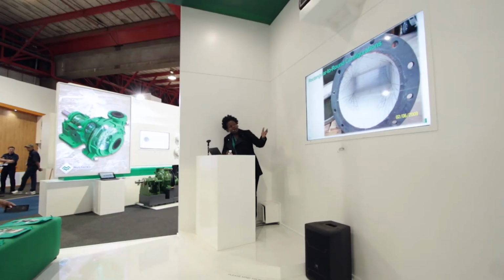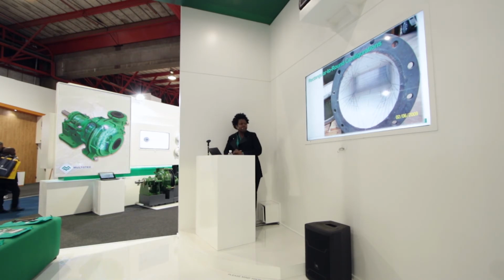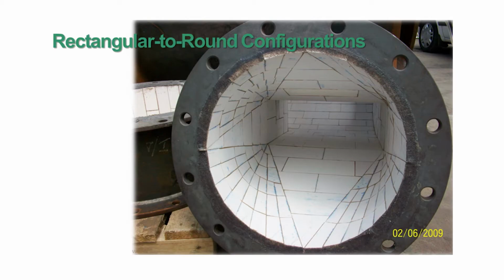If you really have to go back to the rectangular, it's okay, but you still have the round part. Here we're having a piece of equipment which was made by the Multotec wear lining company. And it's showing just what I'm talking about, rectangular to round. At the end, right inside, you have a rectangular configuration. On the outer surface, which is closer to where you're looking at, you have the round part.